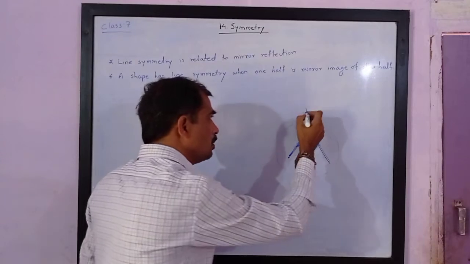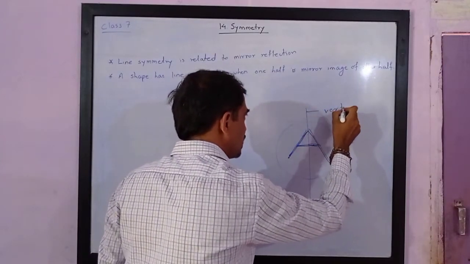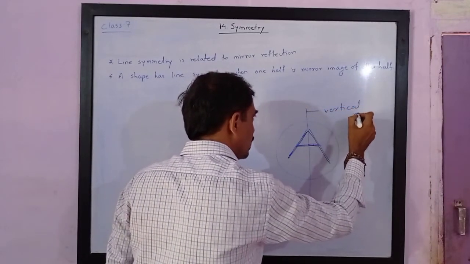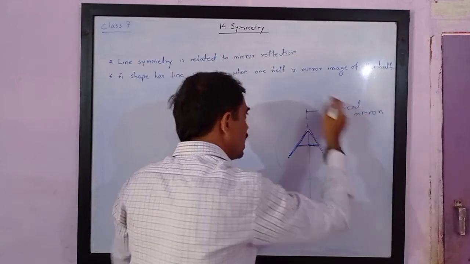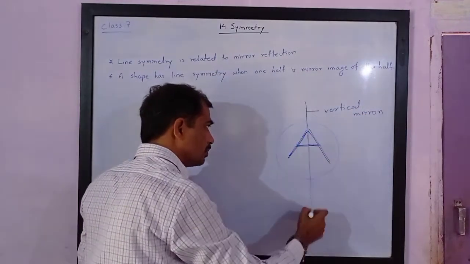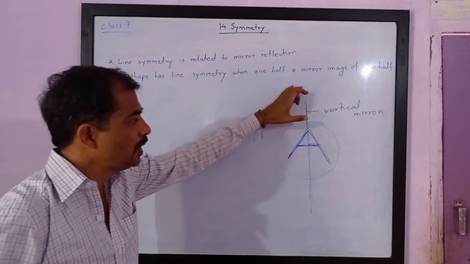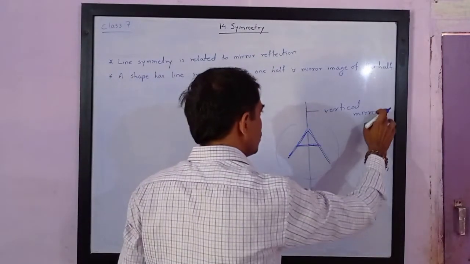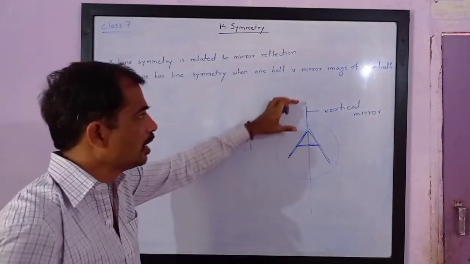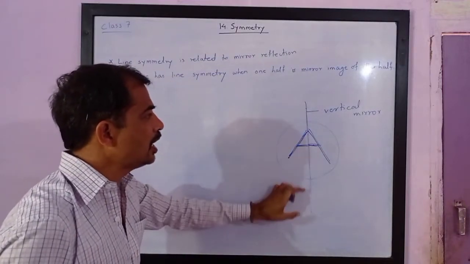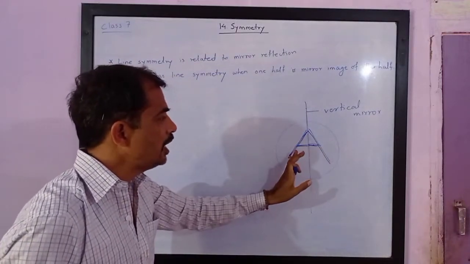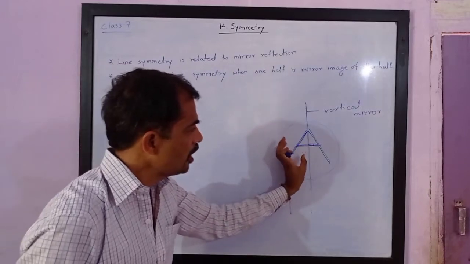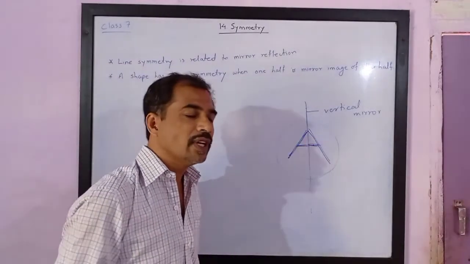So here the mirror is a vertical mirror. Understand this? Vertical mirror, that is, the mirror is kept straight. If the mirror is kept from top to bottom, that is a vertical mirror, then we get a vertical line of symmetry, and one half is the mirror image of the other half.